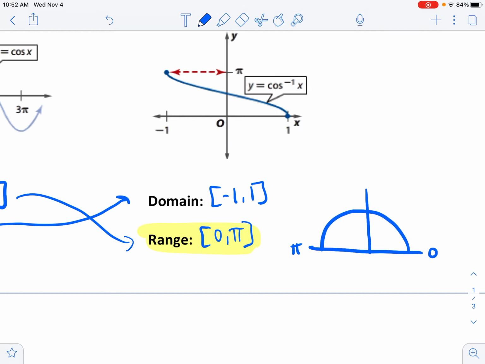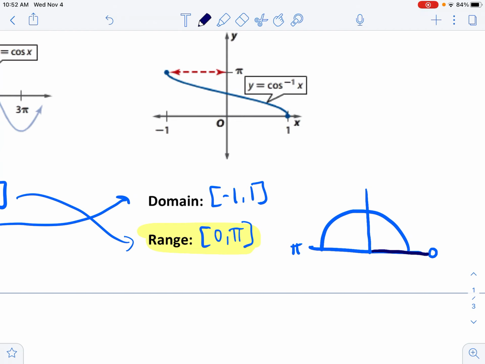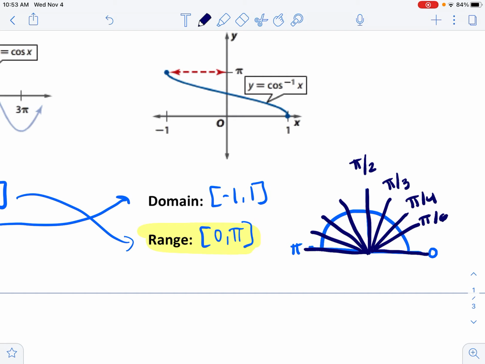So if you think about where 0 is right here, pi is right here. So all of your answers are in between 0 and pi. So my possible answers are 0, pi over 6, pi over 4, pi over 3, pi over 2. And then notice these are positive answers. So you want your positive angles right here, not giving me negative answers.